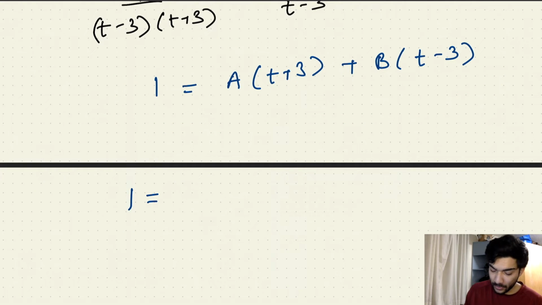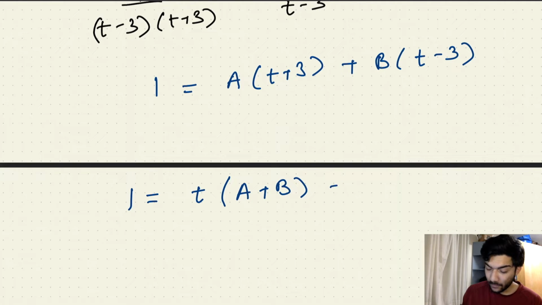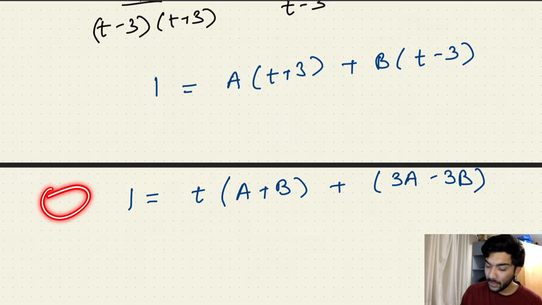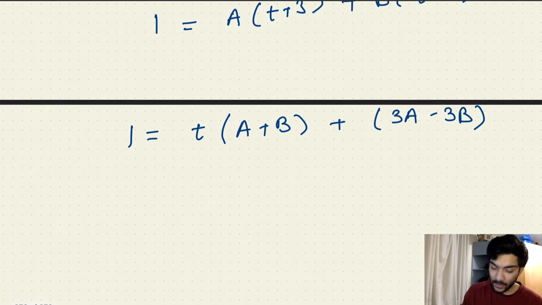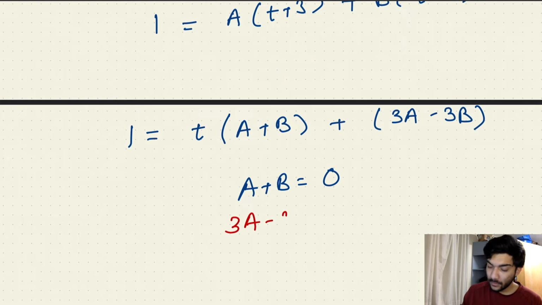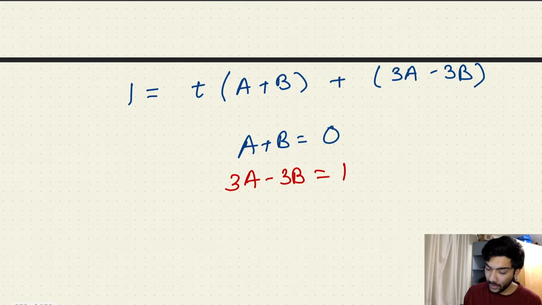So now you have this expression over here. First let's combine the relevant terms together. For the coefficient of t, we have A plus B. For the constant term, we have 3A minus 3B, right? And since on the left hand side we don't have a coefficient of t, A plus B is equal to 0, and 3A minus 3B is equal to 1.